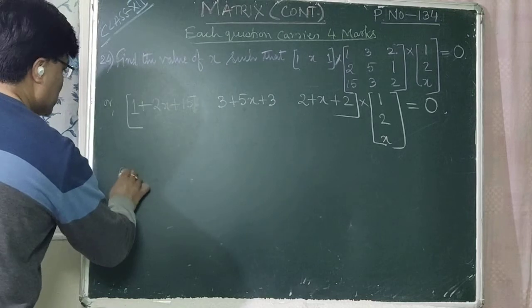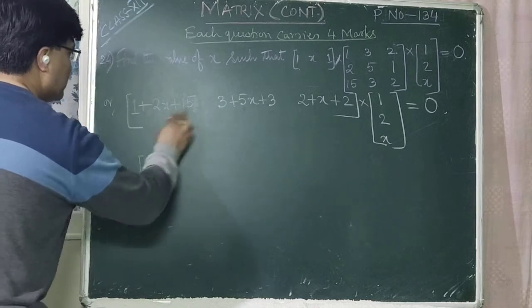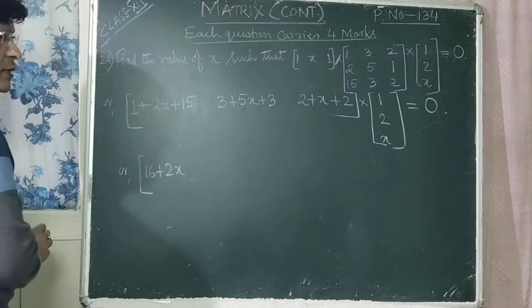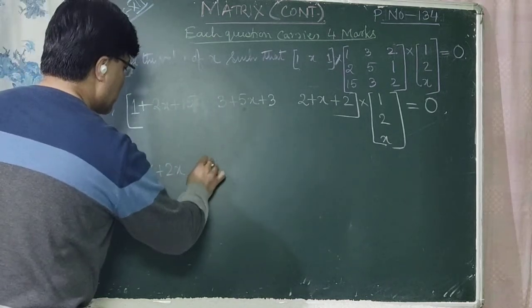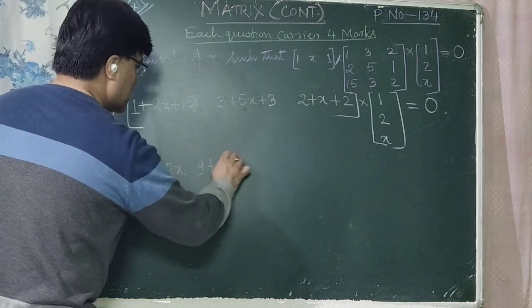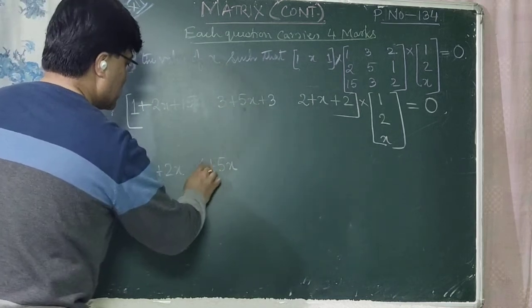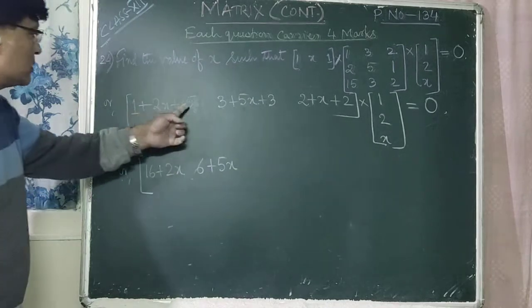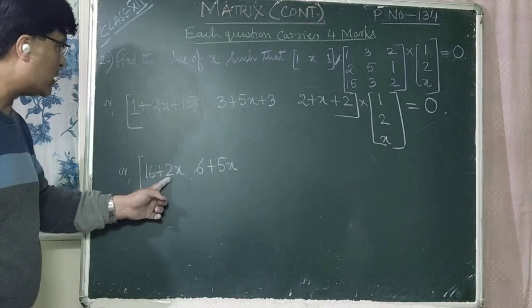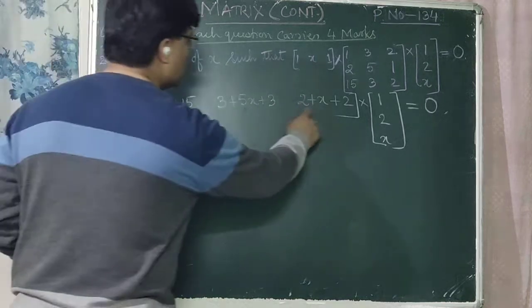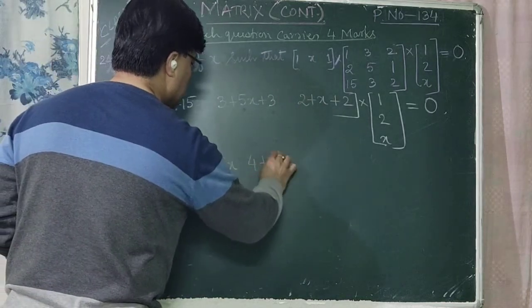Okay, but let us simplify it first. 15 plus 1, 16 plus 2x, right? 3 plus 3, 6 plus 5x. 2 plus 2, 4 plus x.